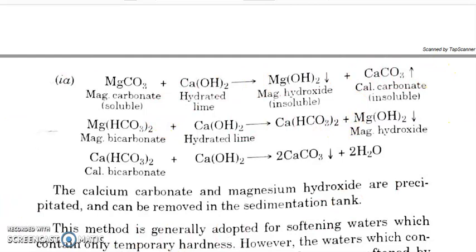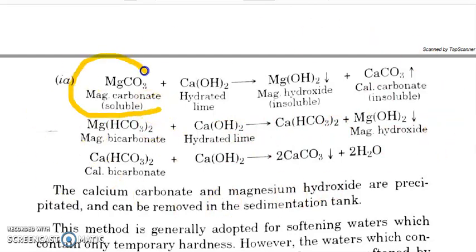You have to show them in the chemical equation, and the soluble minerals in the water which impart hardness are converted into insoluble precipitates. So what is dissolved in the water, you are converting into an insoluble precipitate, so it will precipitate, and that is how the hardness is reduced or removed, right? That is why everywhere you have to write these chemical equations.